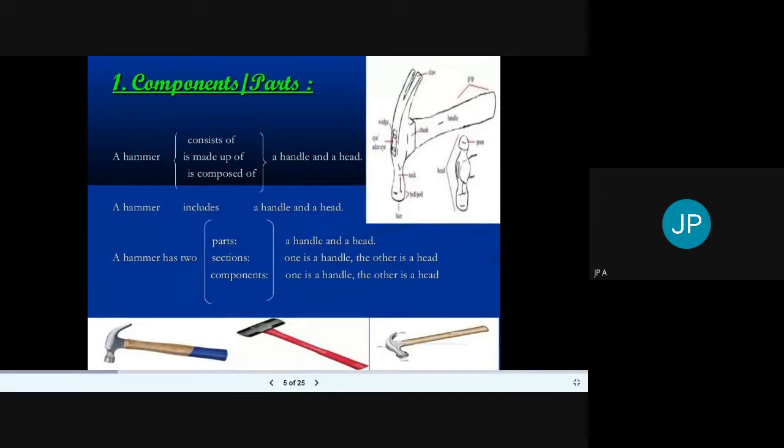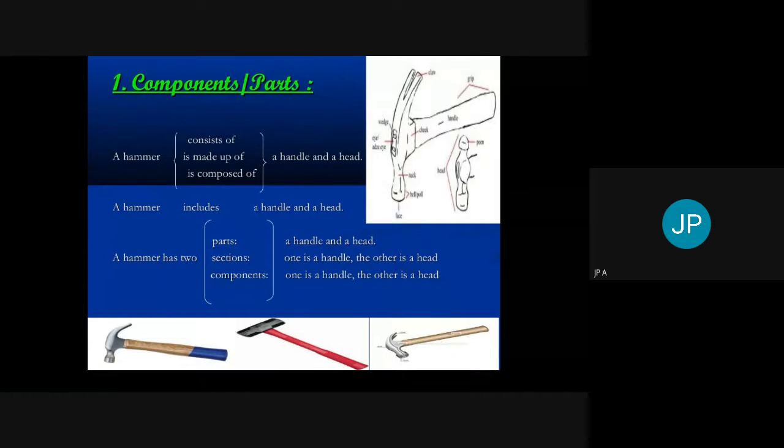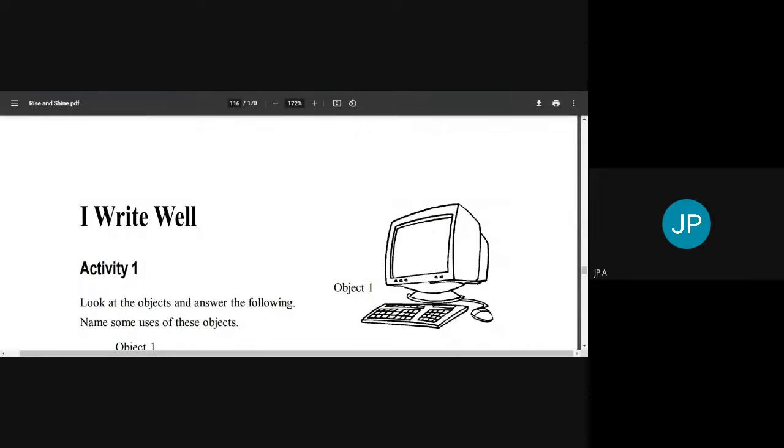Then the next thing that we talk about is what is it made of? What are the parts made of? For example, if you look at the computer itself, it is made of many different parts. There are actually a lot of parts in a computer. It has a monitor. What does it have?